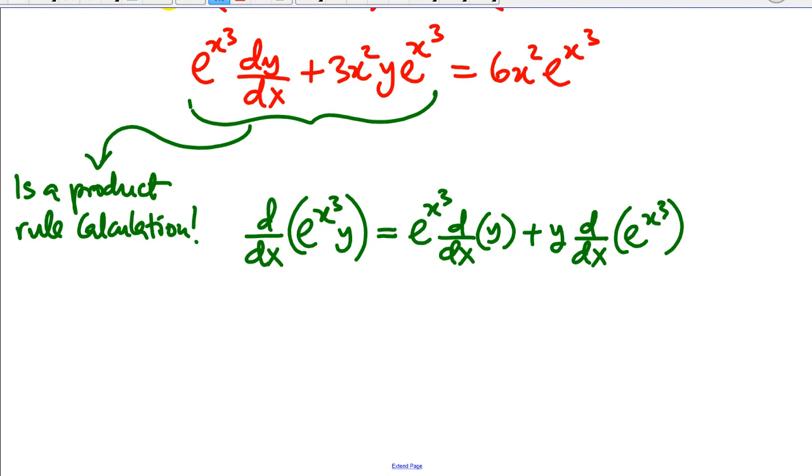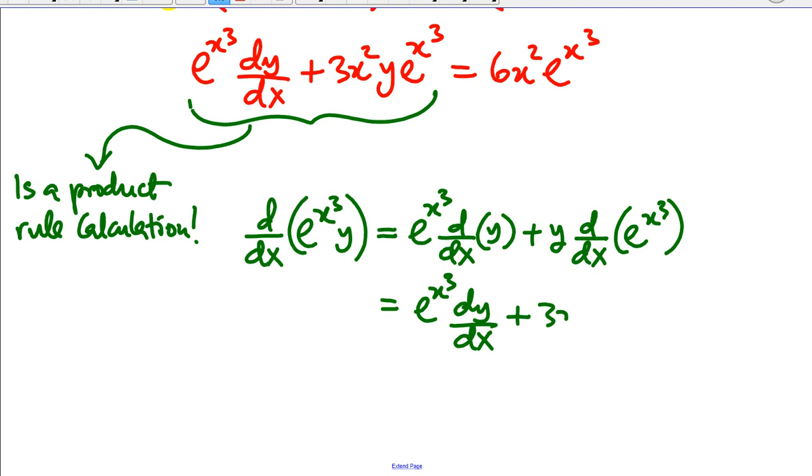And this will give you e to power x cubed dy over dx plus, here you differentiate the power, so you actually apply the chain rule.